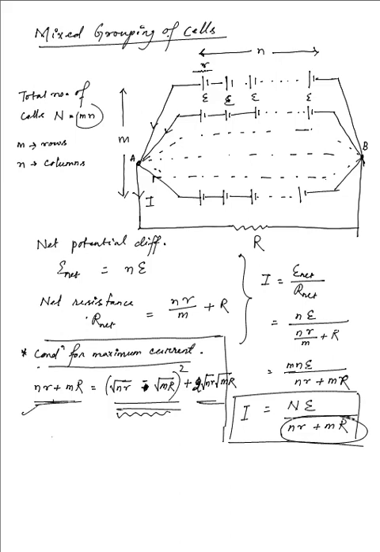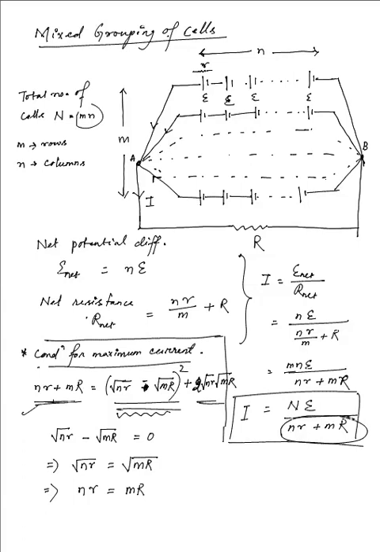Now this will be minimum if root over nr minus root over of MR is equal to 0, or simply put, root over of nr is equal to root over of MR. Get rid of the roots now. nr is simply equal to MR.